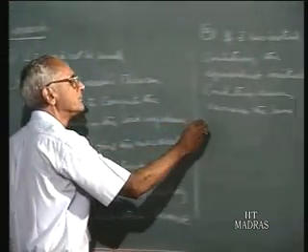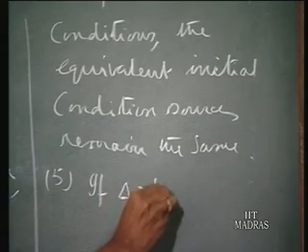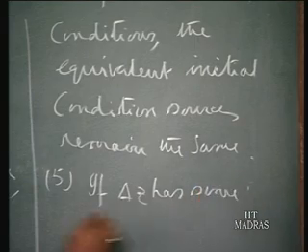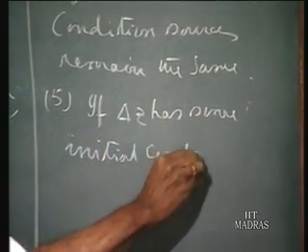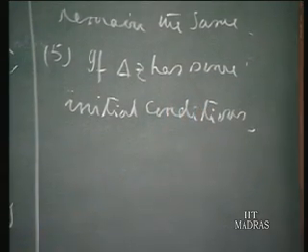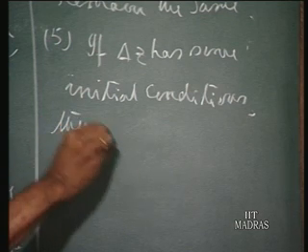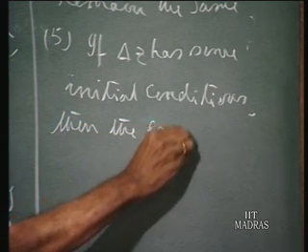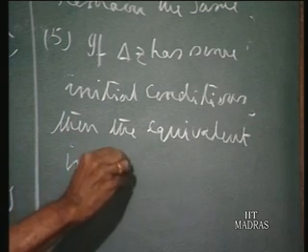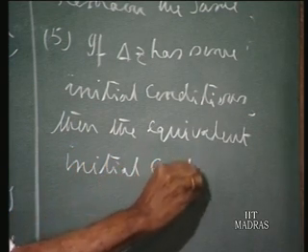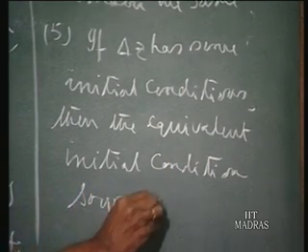However, if delta Z has some initial conditions, what we mean is an inductor carrying a current or a capacitor having a voltage, then the equivalent initial condition sources must be incorporated.